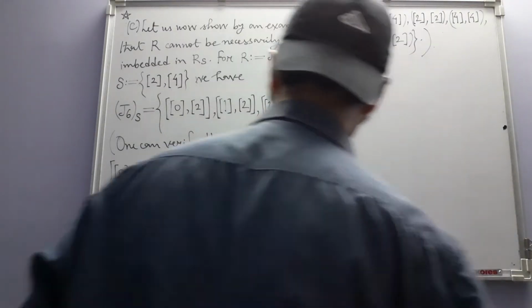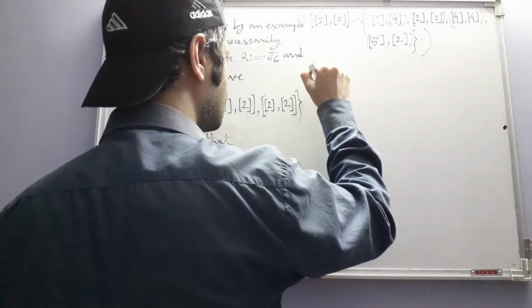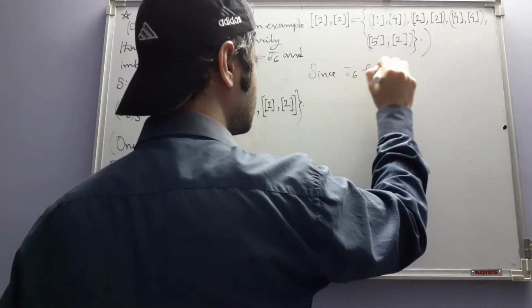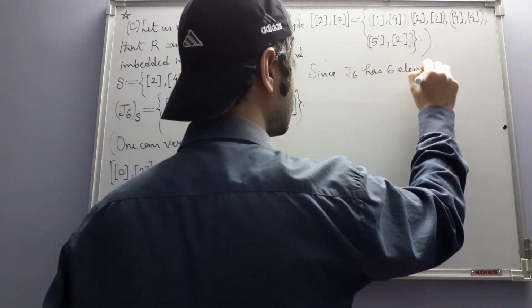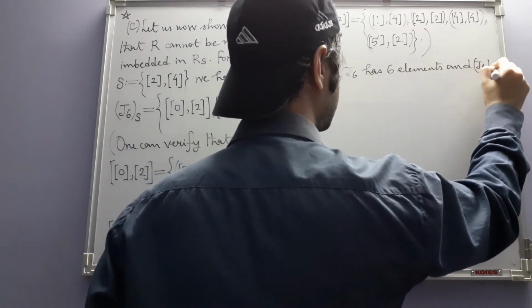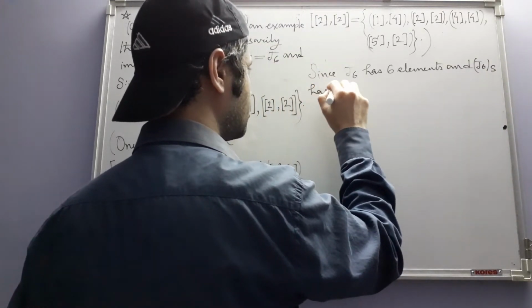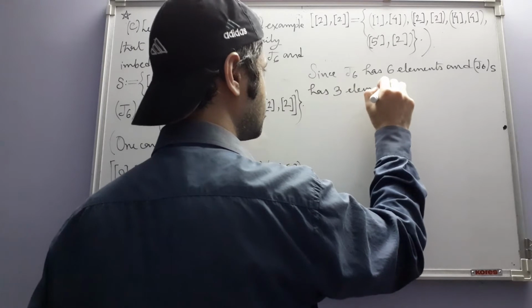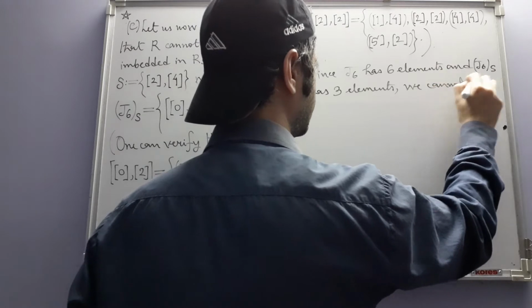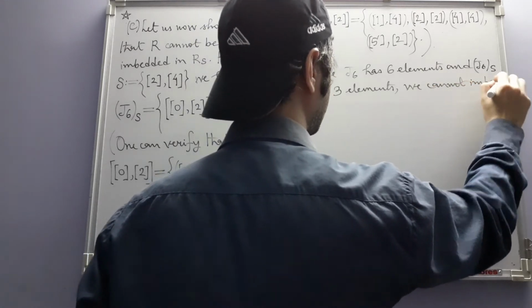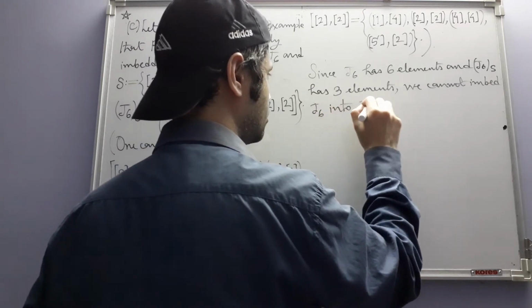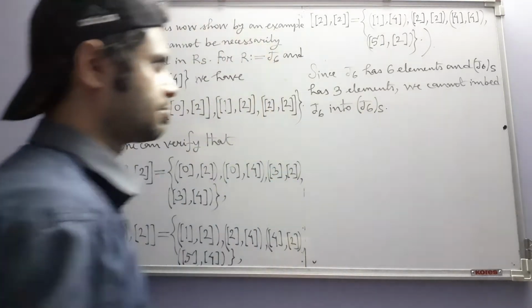And that's what we are going to write. Since J6 has 6 elements and J6S has 3 elements, we cannot embed J6 into J6S.